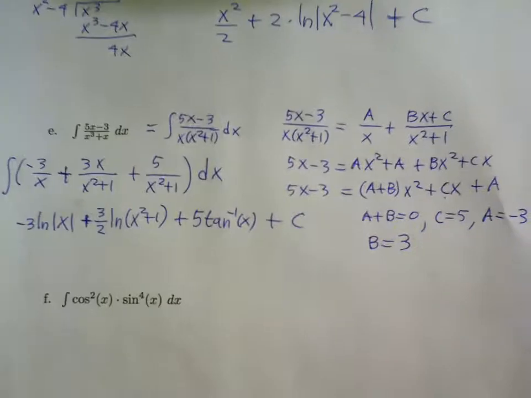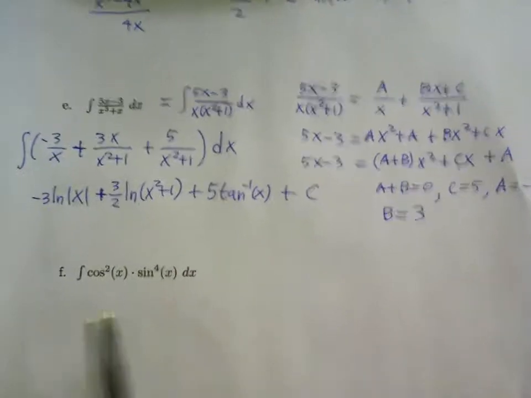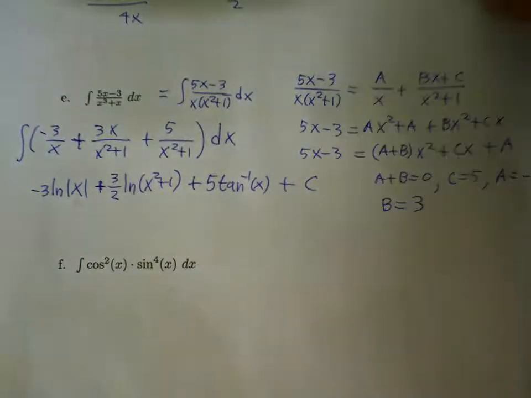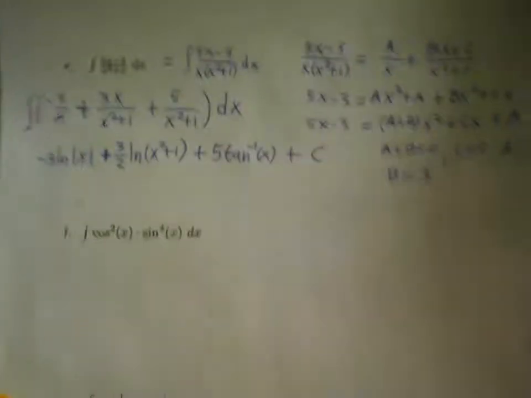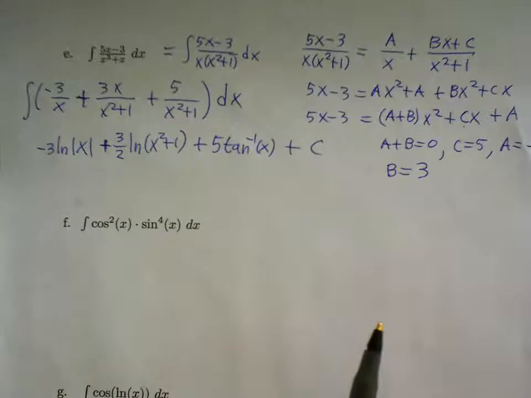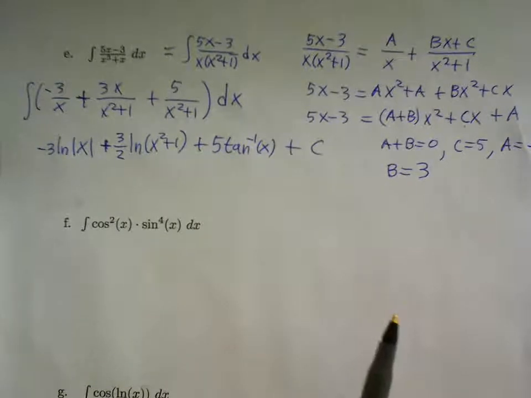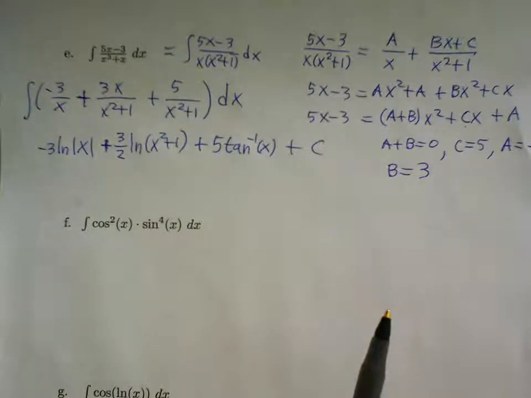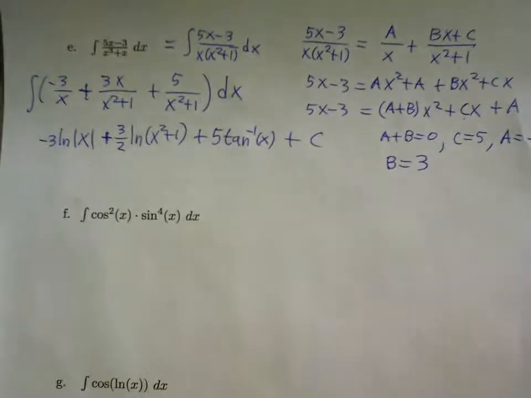Okay, we'll continue with the review sheet on part F. We have the indefinite integral of cosine of x squared times sine of x to the fourth dx. So I'll do a few steps on this one.